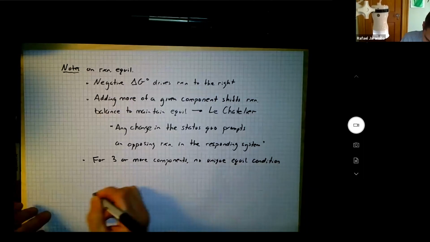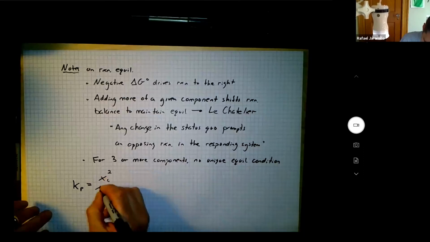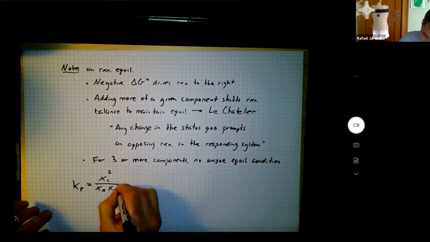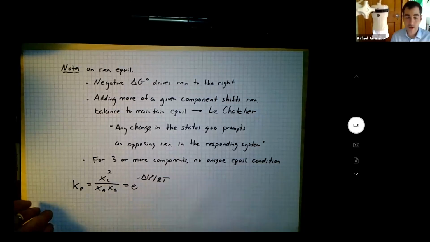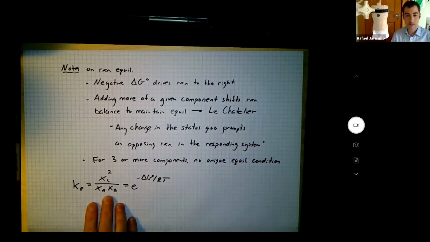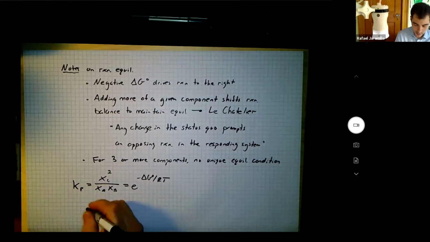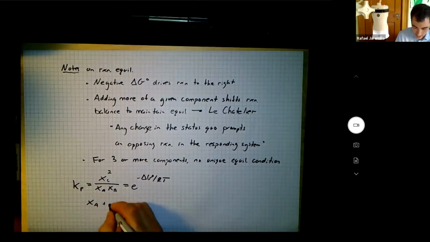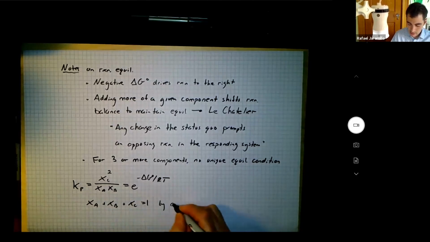So let's analyze again this case, x of c squared over x of a, x of b, and this equals, okay, so this thing here is just a number, let's say at a given temperature. It's a number, and we have 3 variables. We know that x of a plus x of b plus x of c equals 1 by definition, right? They're mole fractions.